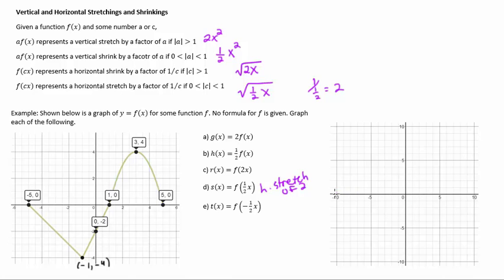So all of these points are going to move out twice as much. -5, 0 is going to be at -10, 0. -1, -4 will be at -2, -4. 0, -2 stays where it's at. 1, 0 goes to 2, 0. 3, 4 goes to 6, 4. And 5, 0 goes to 10, 0. Then we connect our dots.